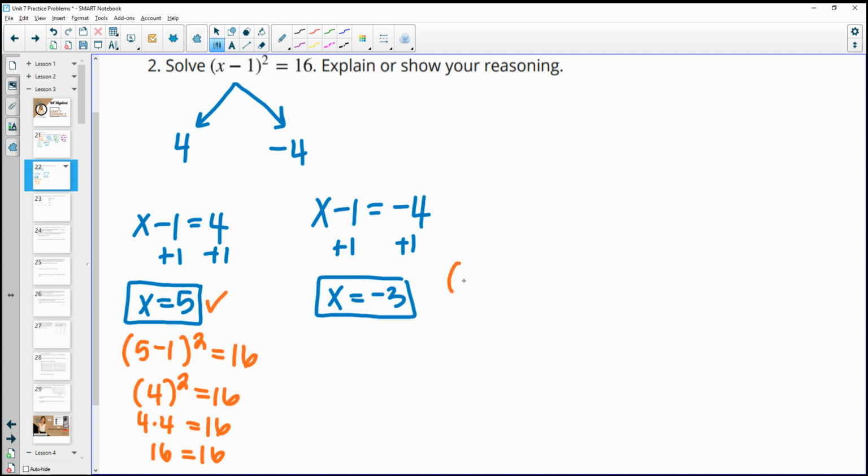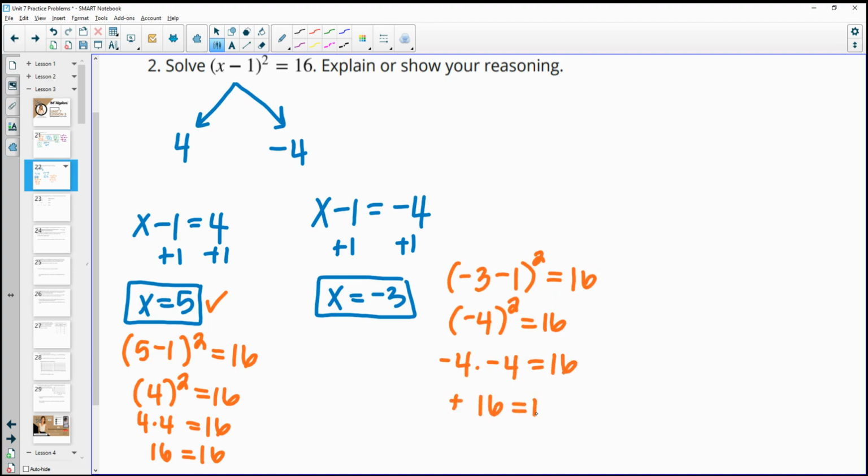And then let's plug in -3 for x. So we'd have -3 minus 1 squared should equal out to 16 if it's a solution. -3 minus 1 is -4. And then -4 times -4 is in fact positive 16. And so that means that -3 is also a solution.